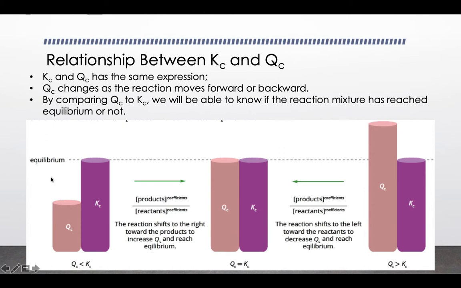So it's really in a practical sense, especially when a reaction is slow and we don't know if the reaction has finished yet, we measure the concentration, calculate the QC and compare it to Kc. If QC equals Kc, it means this reversible reaction has finished.